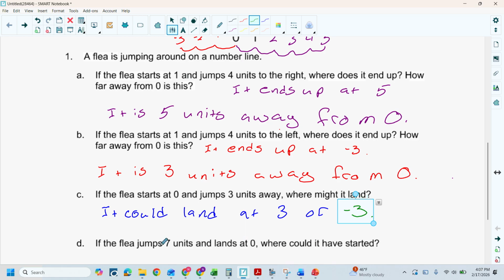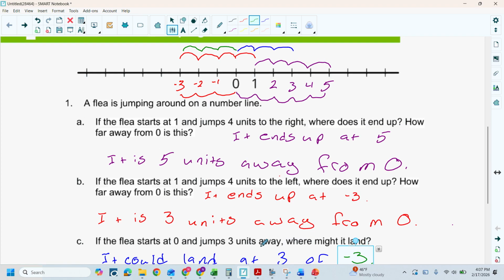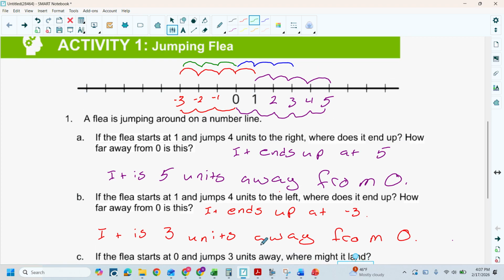And so now, if the flea jumps 7 units and lands at 0, where could it have started? So, again, we got 7 units. It doesn't say if it went right or left. So, 1, 2, 3, 4, 5, and so there we are.